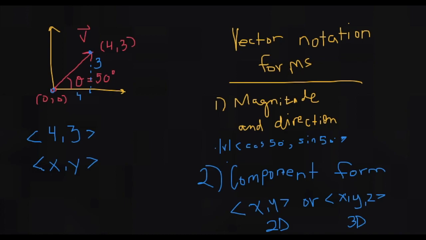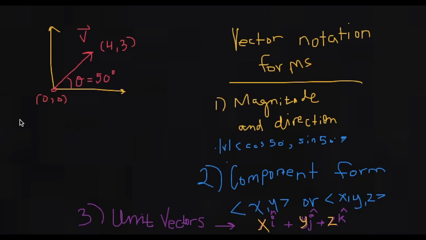Now let's talk about the last form of vector notation, which is using unit vectors. In unit vector form, it is almost the exact same thing as component form. Component form was in the form of x comma y, 4 on the x, 3 on the y. The unit vectors i corresponds to x, j corresponds to y, and k corresponds to z if you have a 3D vector.